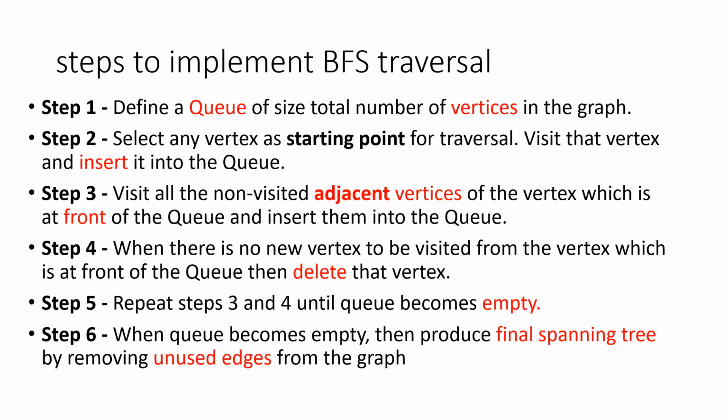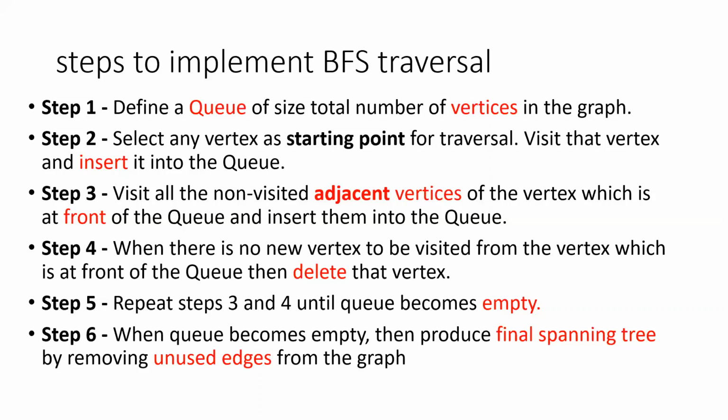So these are the steps which are required. In order to distinguish between DFS and BFS, the terms which are different I have marked with a red color. Here we are using Q, and this is the same as the starting point: we can take any vertex and insert that starting vertex into the Q. Now visit or explore all the adjacent vertices of the vertex which is at the front of the queue. There it was on top of the stack, right?